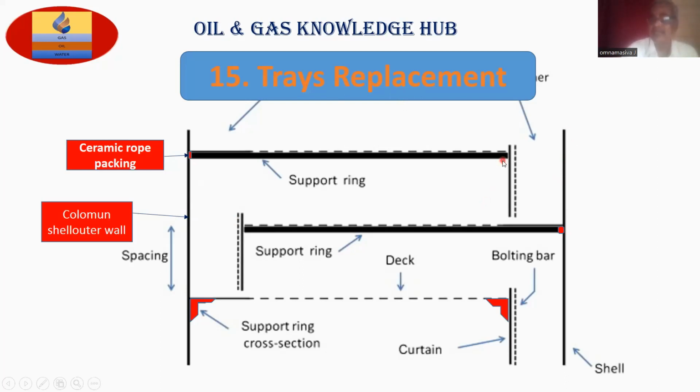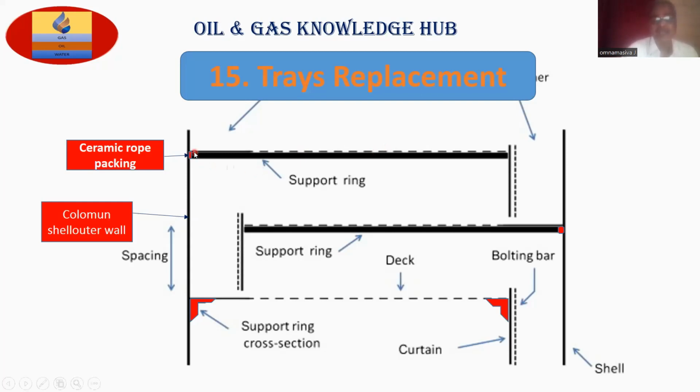What happens once you are installing these trays? There should be a gap between the shell inner wall and the tray, because inside the column everything is 400 series material or SS 400 series material. Thermal expansion and growth will be there.